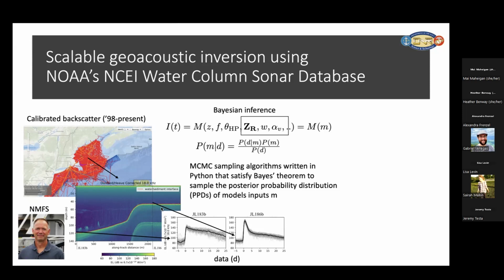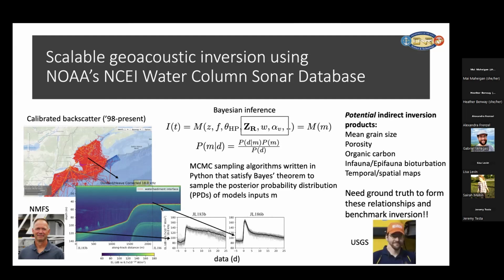So this is impedance ratio, interface strength, scattering strength, and then this is a volume parameter. And you're basically sampling the posterior probability distribution using Monte Carlo approaches that satisfy Bayes' theorem. So this is the potential indirect inversion products.